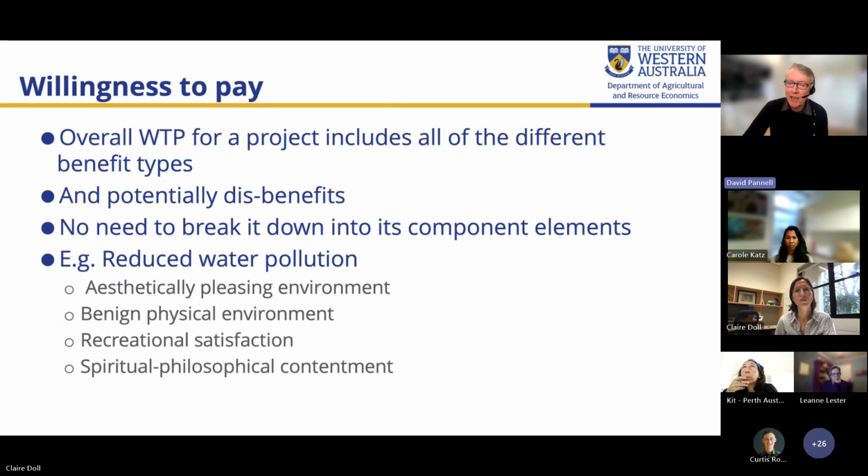Now, one of the issues that can be a bit of a challenge is that projects can generate many different types of benefits. And so we're interested in trying to quantify the willingness to pay for all the different benefit types that can arise from a project. And potentially in some cases also disbenefits. Some projects have unintended negative consequences.